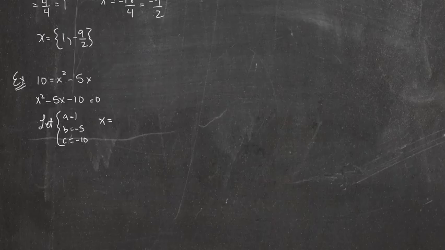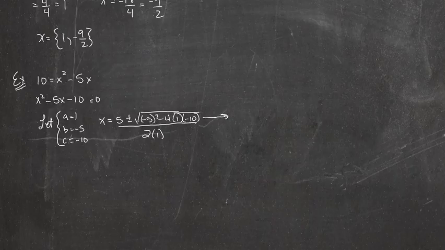So x equals the opposite of B, plus or minus the square root of B squared minus 4 times 1 times -10, all over 2A. Well, we have a value for A, 2 times 1.